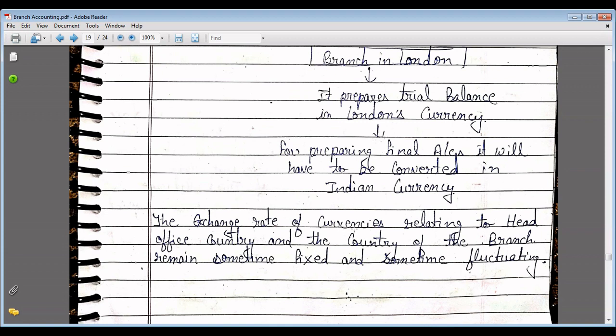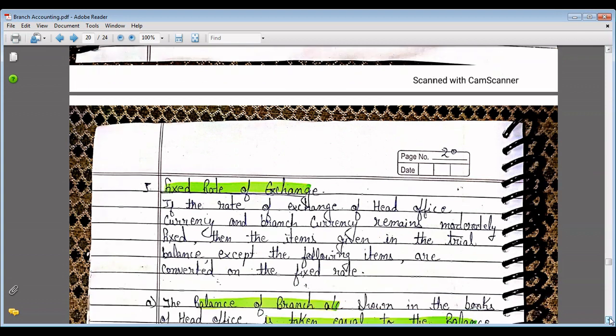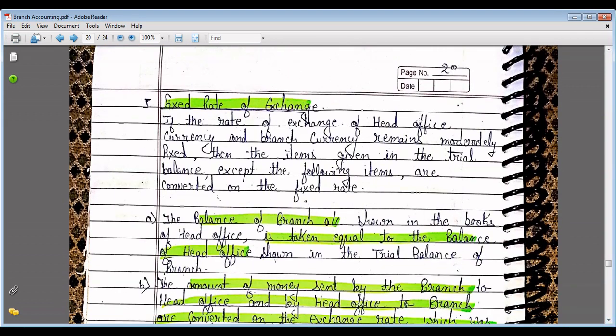The exchange rate of currencies relating to the head office country and the country of the branch remains sometimes fixed and sometimes fluctuating. Fixed rate of exchange: if the rate of exchange of head office currency and branch currency remains moderately fixed, then the items given in the trial balance, except the following items, are converted at the fixed rate.